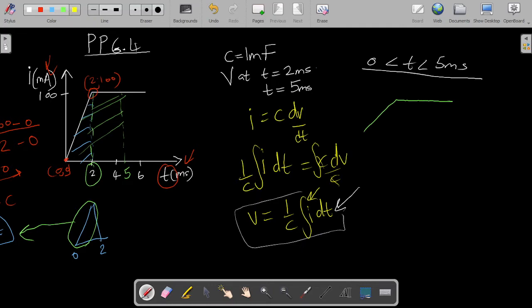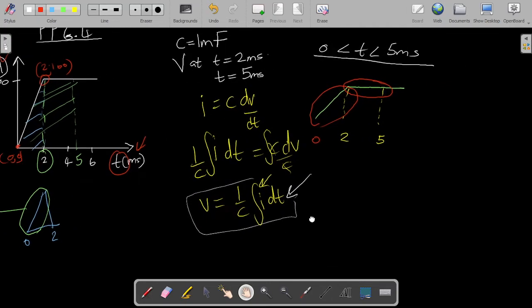So we have to separate these two into regions which have the same formula. This region has its own formula from 0 to 2, and then from 2 to 5, that portion has its own formula as well.